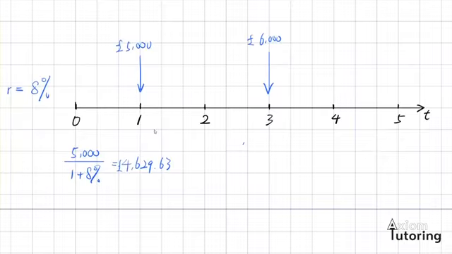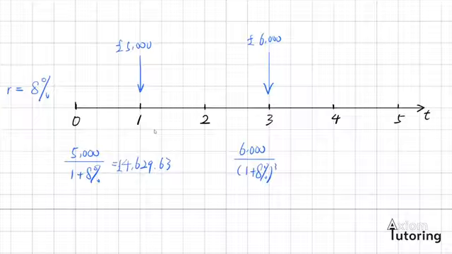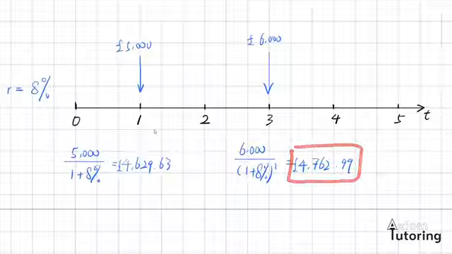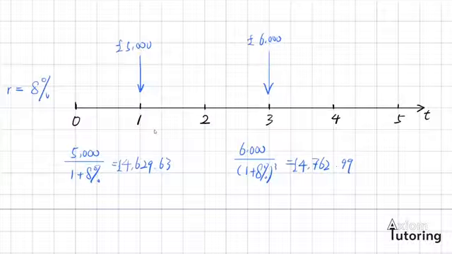I simply have to use 6,000 divided by 1 plus 8% to the power of 3. On your calculator, you can simply calculate 6,000 divided by 1.08 to the power of 3, which gives me £4,762.99. So this amount of money in the future is worth £4,762.99 at present. So we have the present value of any future income.